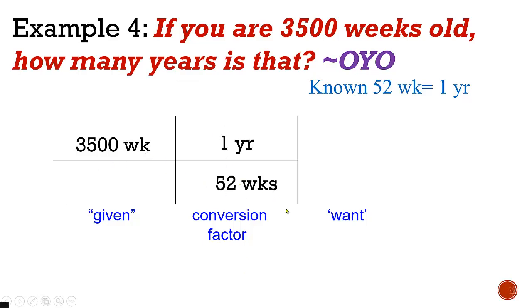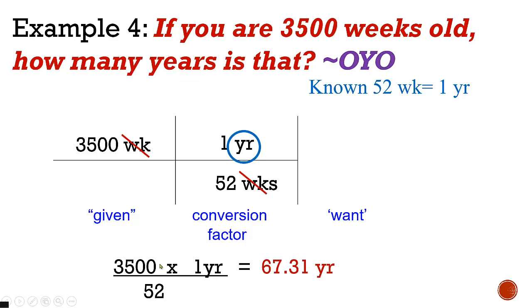Okay, there we go. So my weeks cancel out. I'm left with my unit a year. Now, mathematically, what I have to do, I'm going to take 3,500 times 1 year. That's our only unit left. Divided by 52, and you're 67.31 years old. Okay? So the bottom is not always going to be 1, but you're generally, in this unit at least, comparing something to 1. When we get into stoichiometry, that's going to change just a little bit.